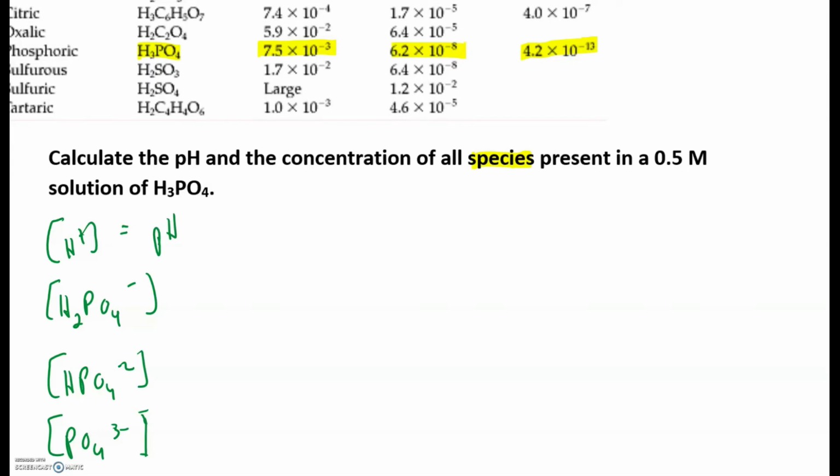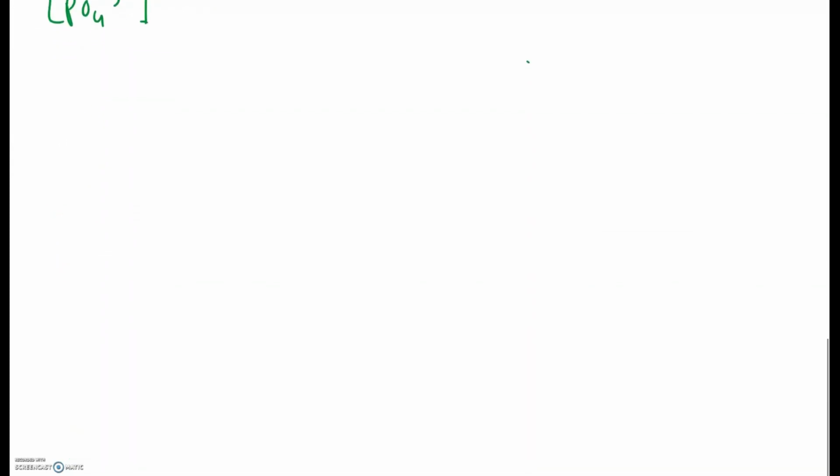So how are we going to do this? We're going to treat this like 3 individual acids, and we'll say the first one that we're going to do is the Ka1. So in Ka1, H3PO4 is dissociating into H+ and H2PO4-.